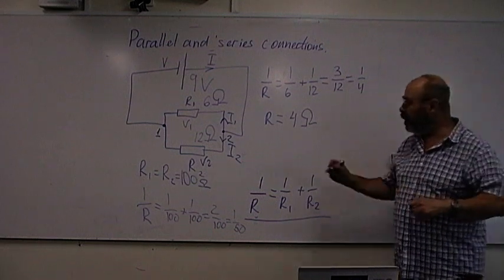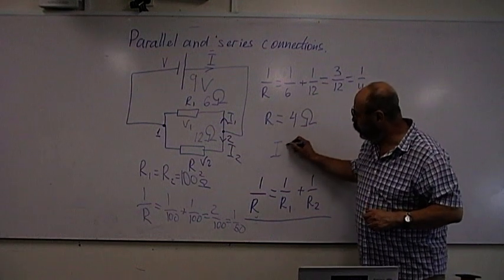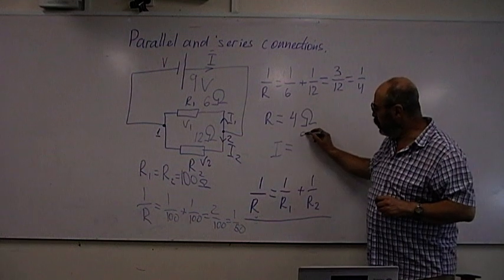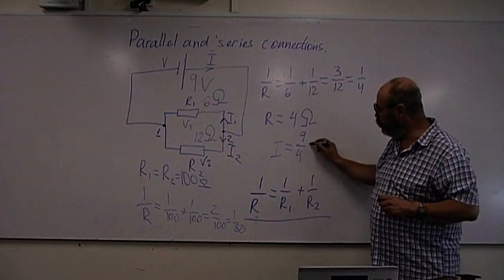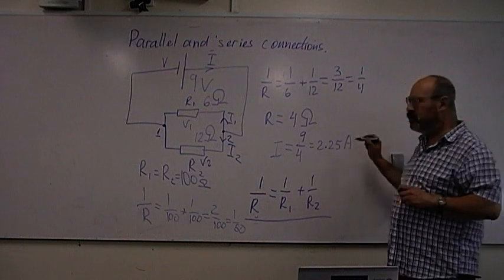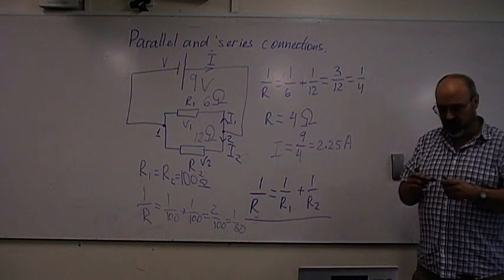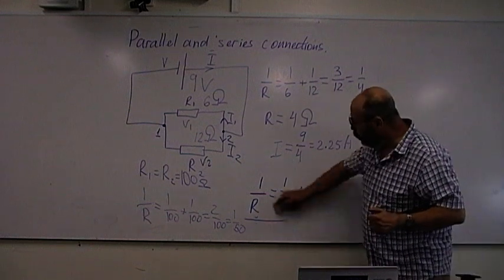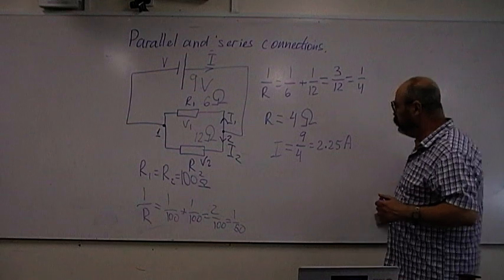Now what will be the total current? It will be 9 volts over 4 ohms, which is 2.25 amps. And let's find the current through each resistor.